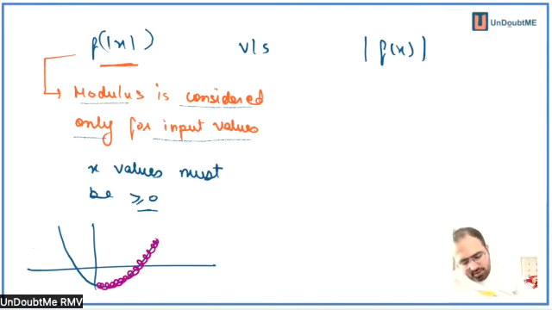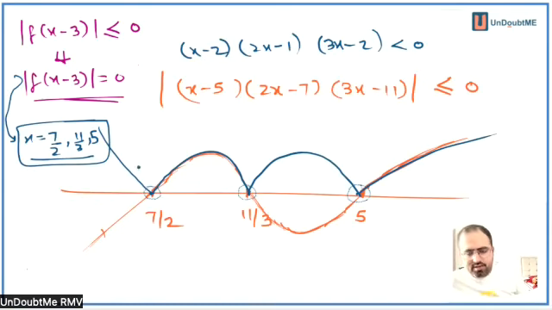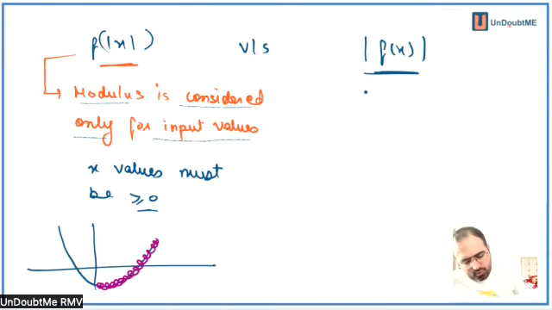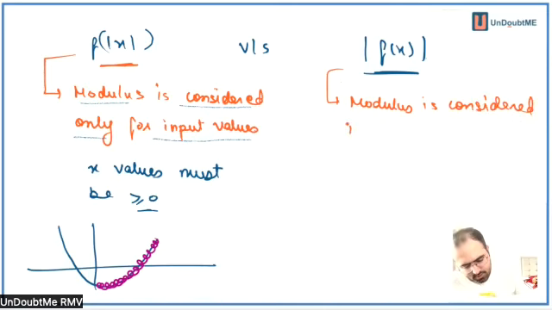When I say mod of fx, the one which we have recently seen is mod of fx. So for mod of fx, I'll write: modulus is considered for output values.